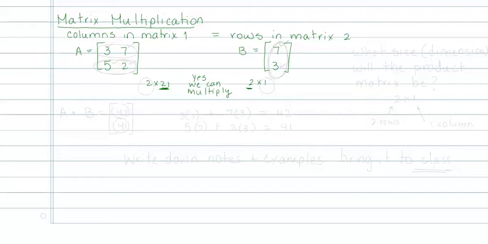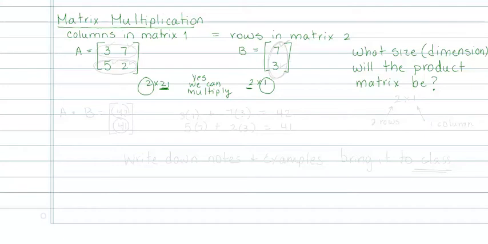What will the resulting matrix be? What will the product matrix be? What size or dimension will the product matrix be? The product is the result of you multiplying these two matrices. Well, you can easily answer that question because all you have to do is pick out the numbers on the outside.